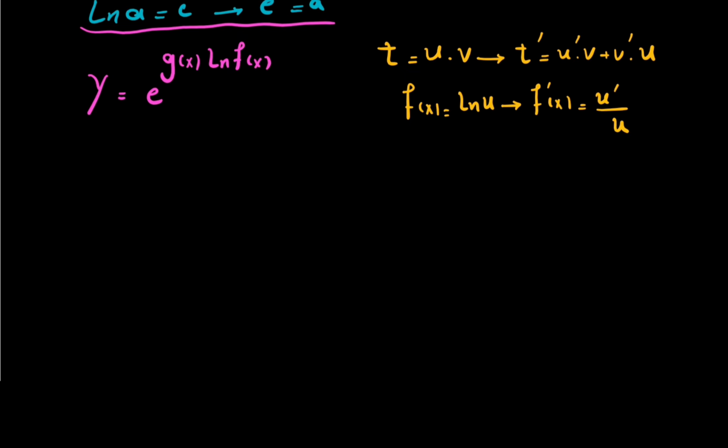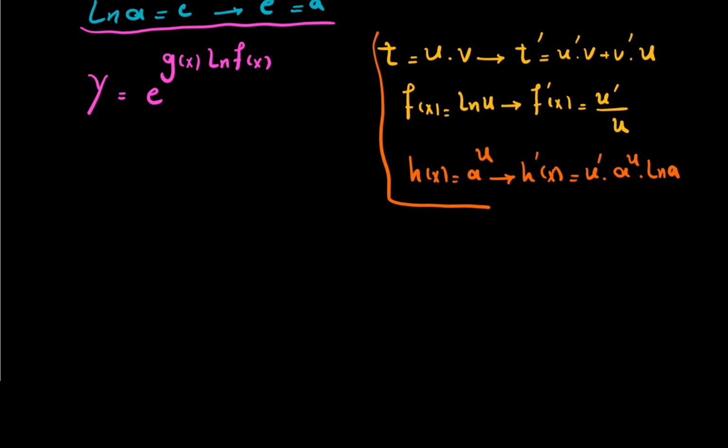And the last one, which is important: if you have, for example, h(x) equals a to the power of u, and u is again a function, then the derivative will be equal to u prime times a to the power of u times ln a. According to these really nice points, I want to solve this question.